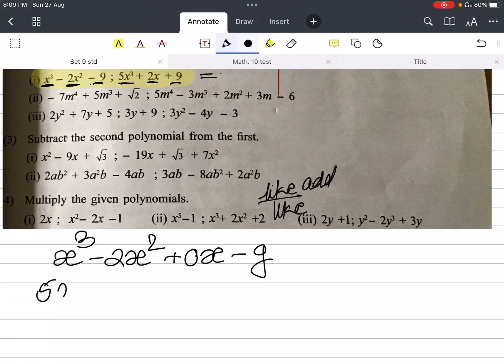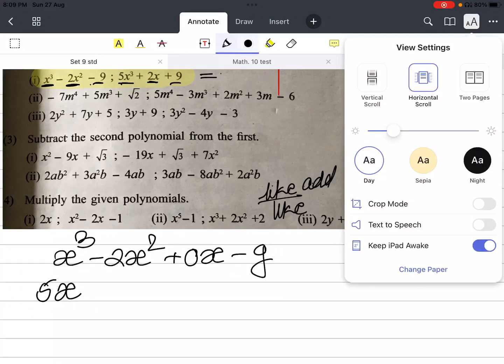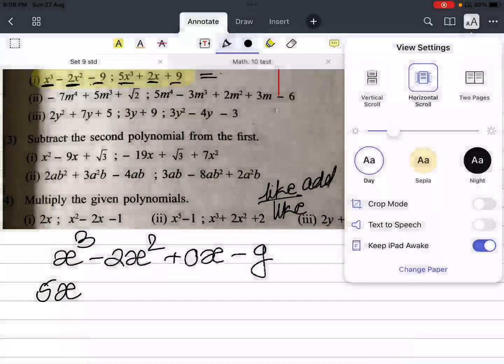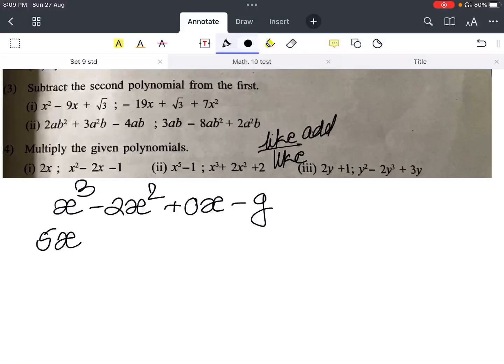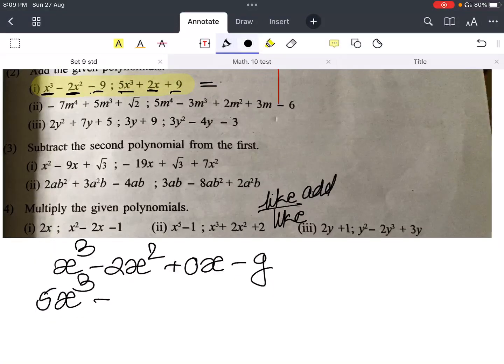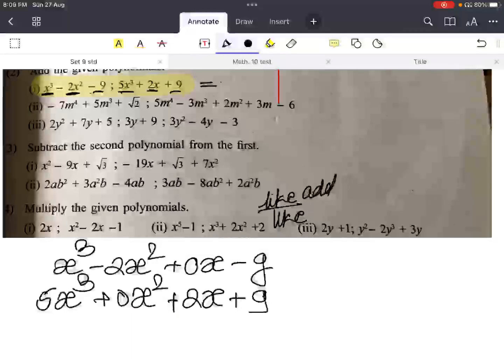Second one, 5x cube plus 2x. Therefore x square is missing, so write down 5x cube plus 0x square plus 2x plus 9.